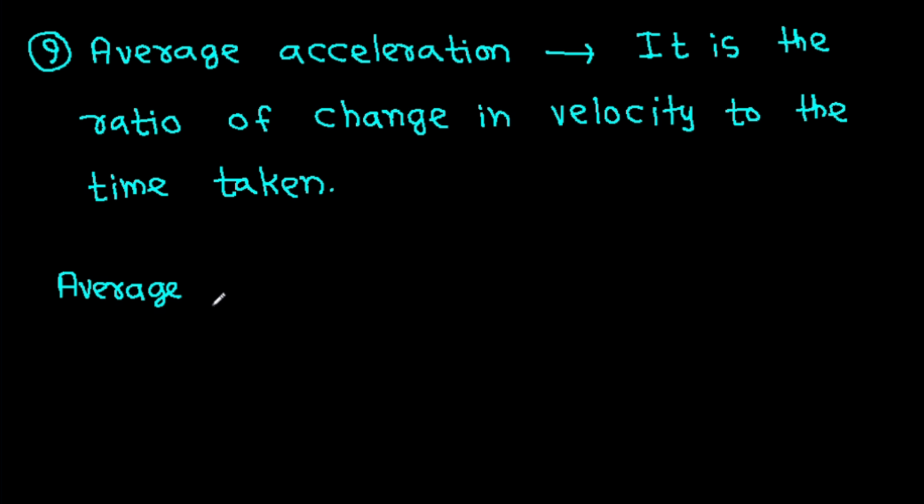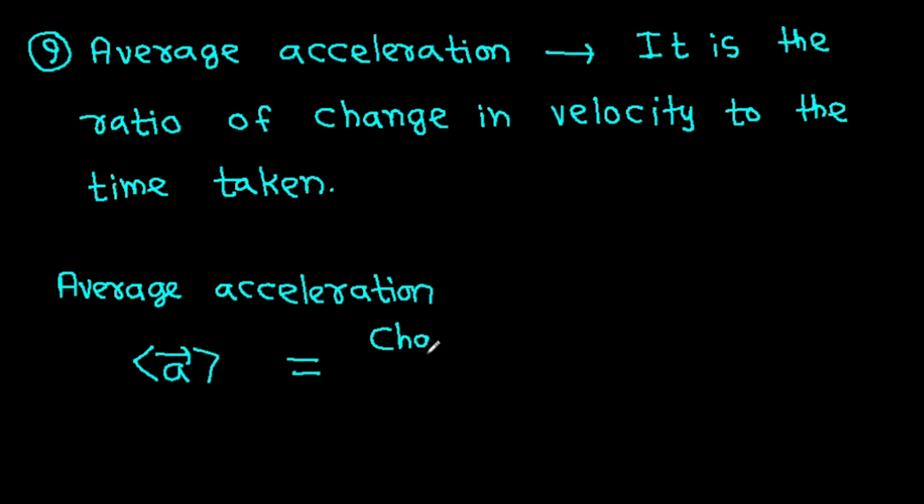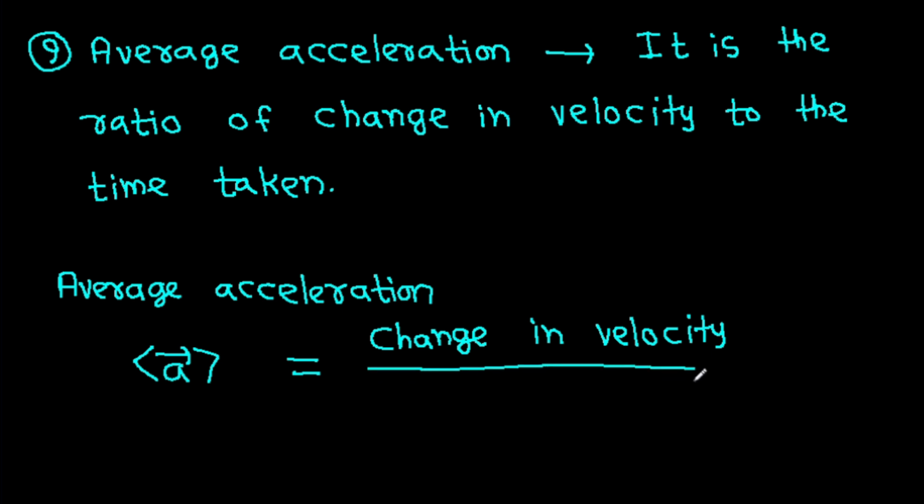Average acceleration is denoted like this. It is change in velocity divided by time taken.